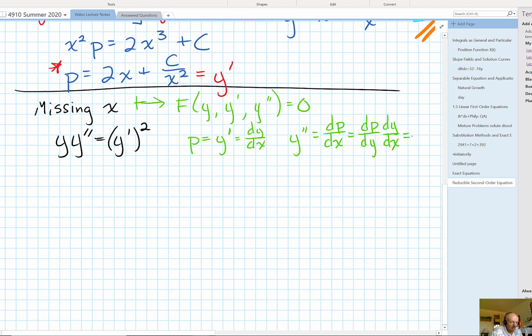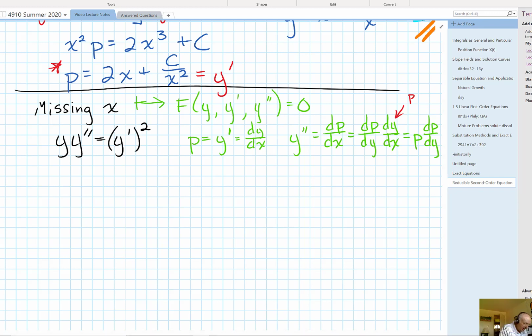Of course dy dx is just p. So this turns into, changing the order, p dp dy. All right, so those are the substitutions that we're going to make.